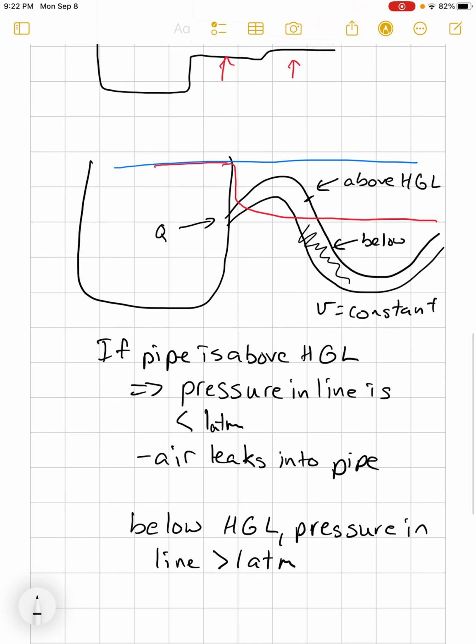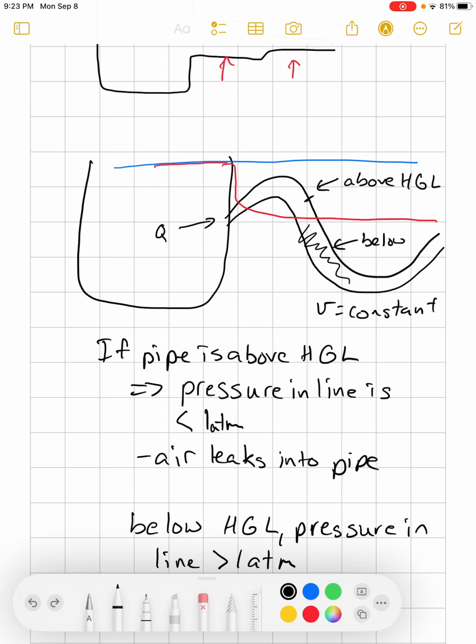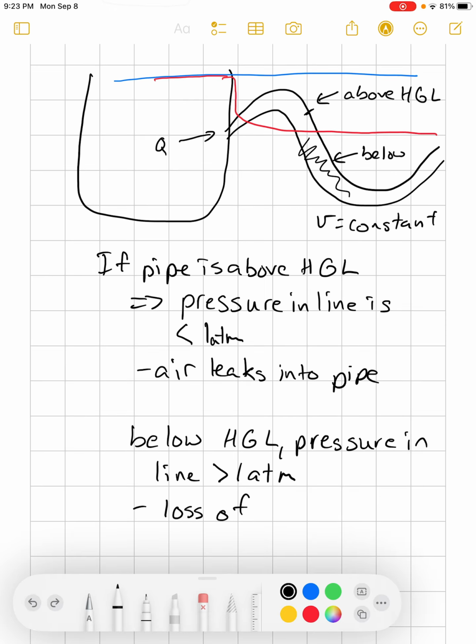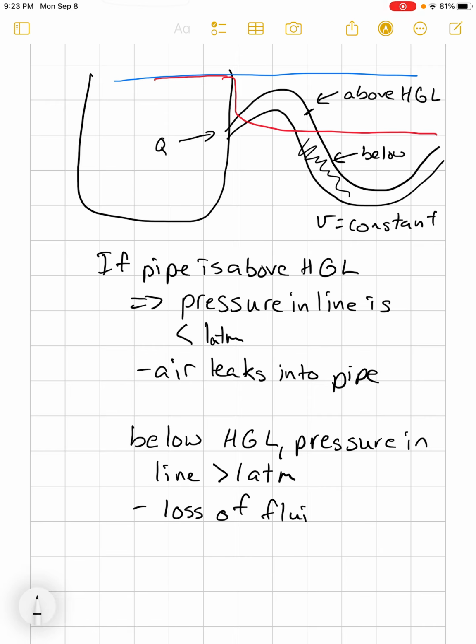What that means is that if we punch a hole somewhere in the line, the pressure inside the pipe is going to be greater than what's outside, and it's going to force liquid from inside the pipe out through that hole. So in this case, we're going to have a loss of liquid from the pipe. Liquid, or I should say fluid, because it could be a gas too.